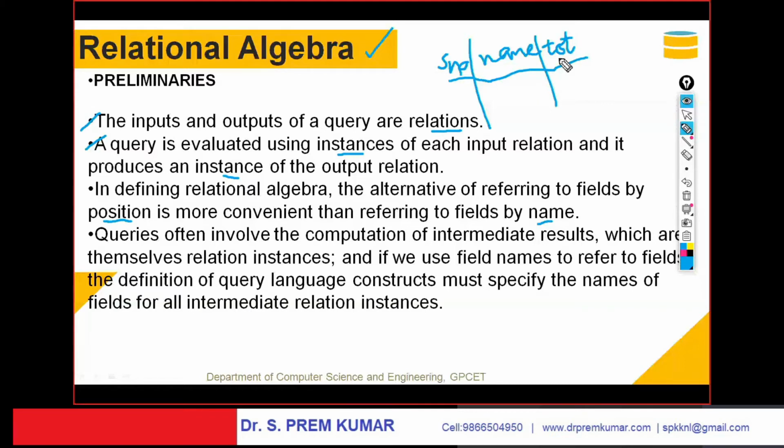Or they can be represented by positions. This is the first position, this is the second position, this is the third position. If I say second field, that is nothing but name. If I say third field, that is total. If I say first field, that is student number. In relational algebra you can represent either by positions, that is 1, 2, 3, or by names, that is student number, name and total.